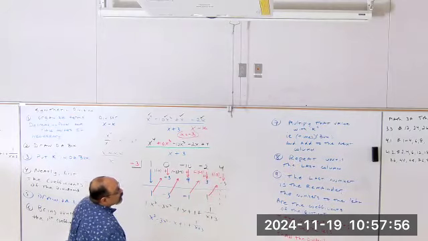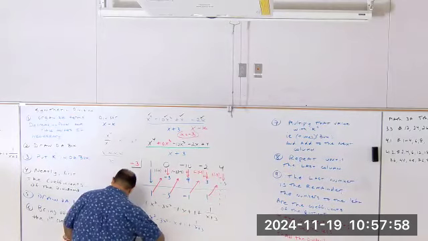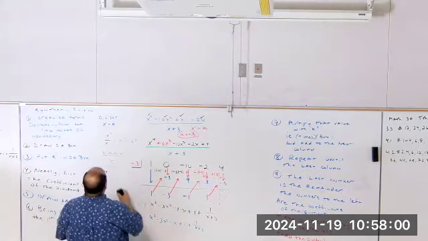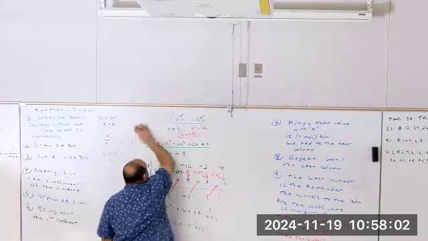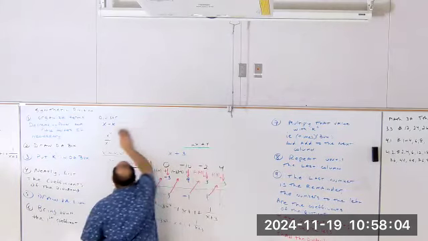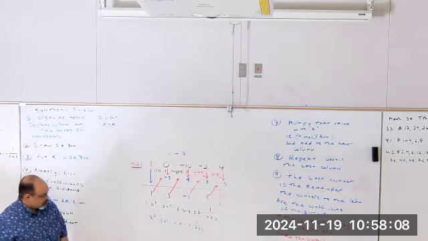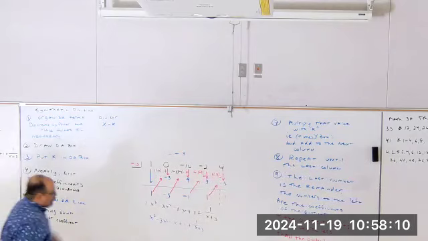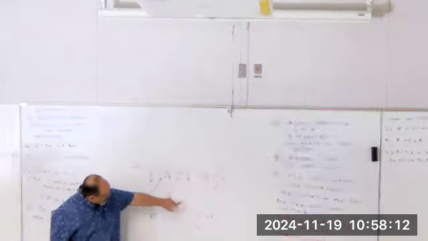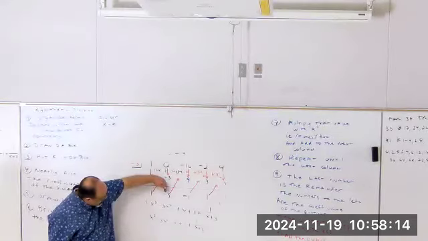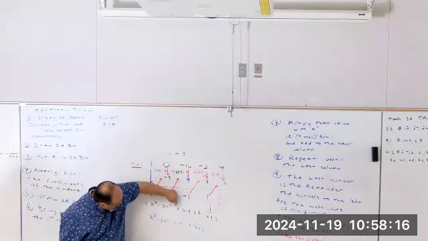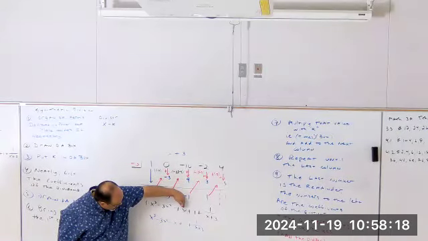So let's do 24, 26, and 28. Confused on how you got to -1 times x. Well, that's the coefficient. This is x to the third, x to the second, x to the first, so it's -1 times x to the first. Okay.